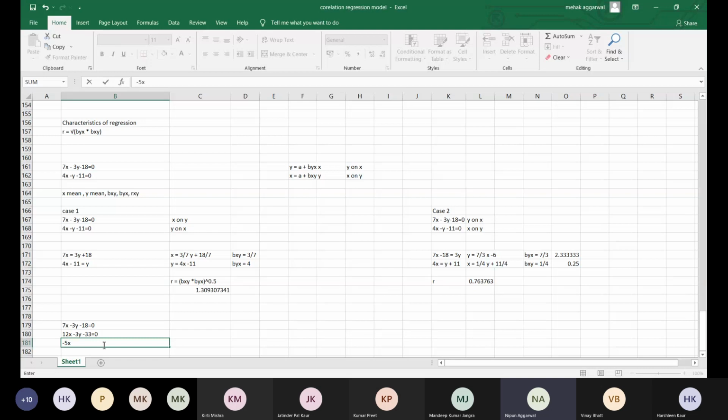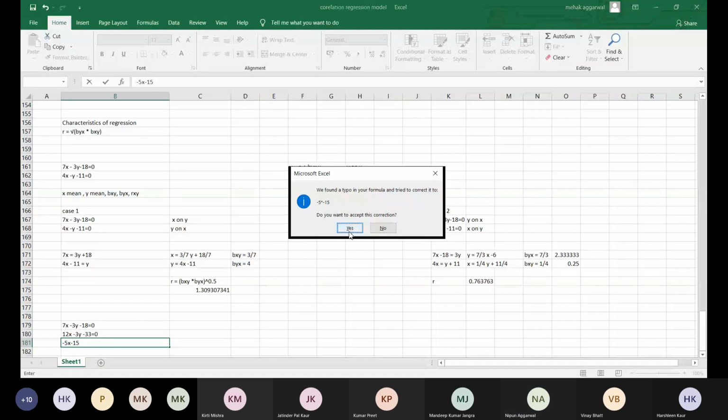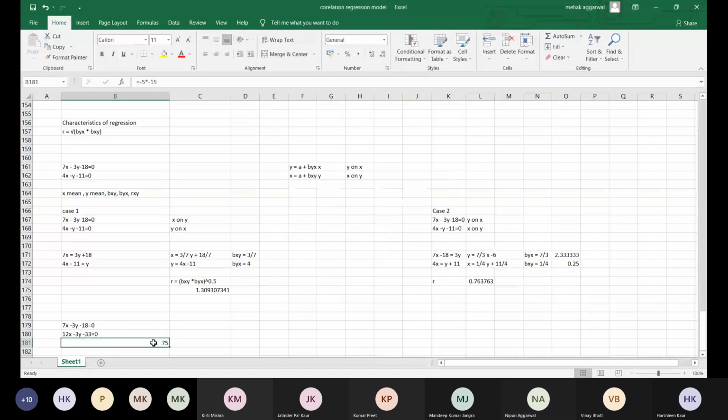Or I can write it as minus 5x is equal to minus 15. So ultimately solving this, we get the value of x as 3.